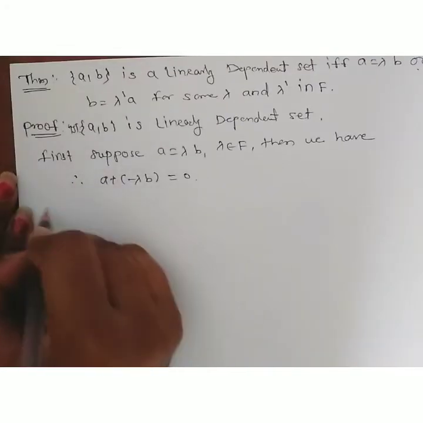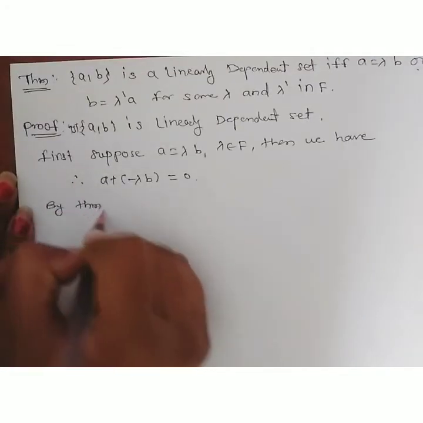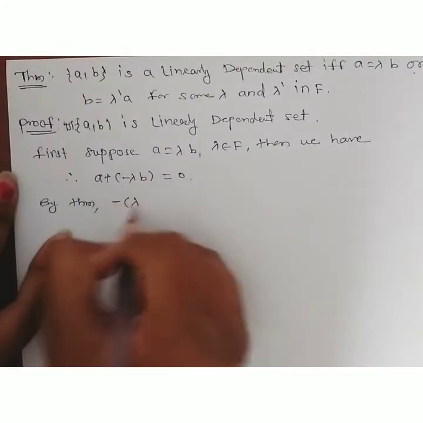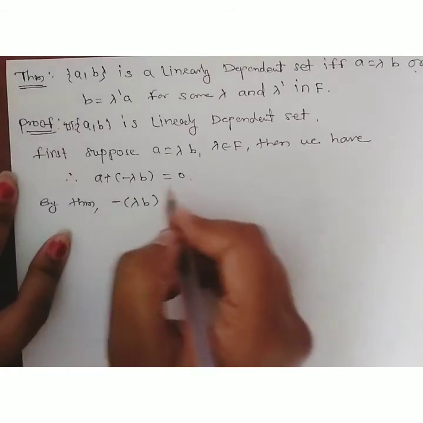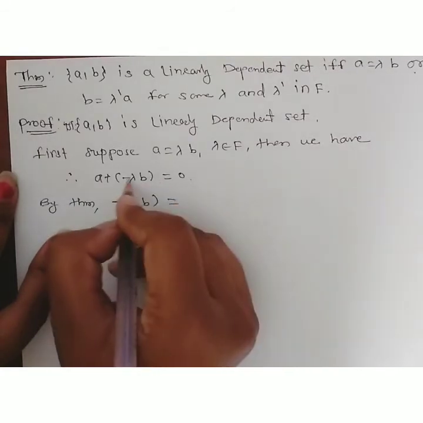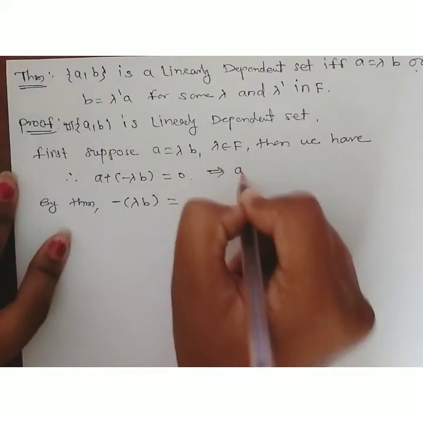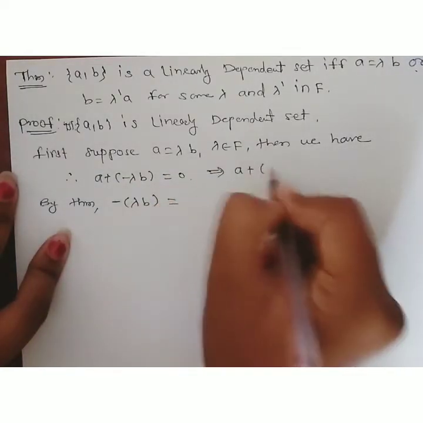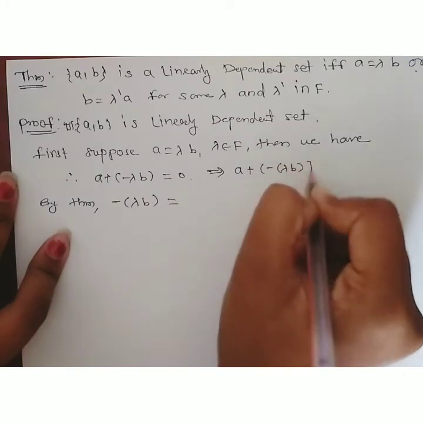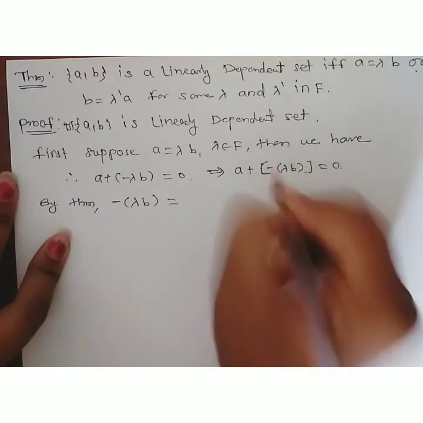But by theorem, minus of lambda B, with this sign outside, can be written as A plus minus of lambda of B, which is equal to 0.